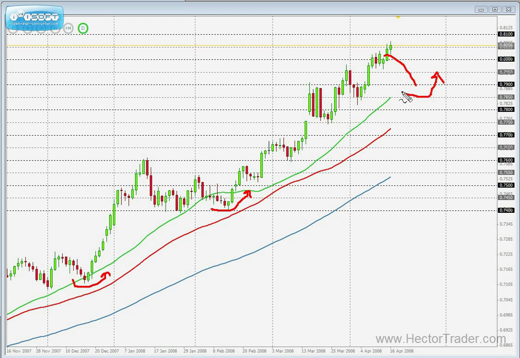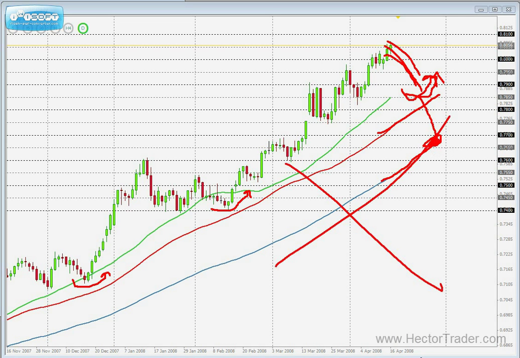If I see that price on the retracement begins to turn around, I will be all over this chart searching for long opportunities. Obviously, if on the retracement price breaches through the moving averages and breaks the 50, goes all the way down to the 100, etc., I'll have to cancel this setup.